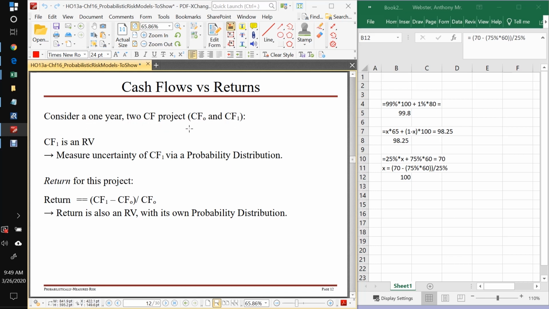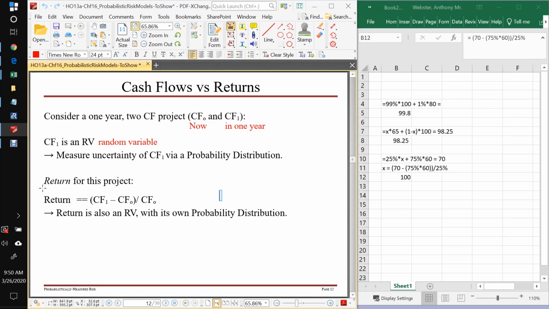Cash flow 0 is, as always, now, and this is going to be in 1 year. So cash flow 1 is clearly a random variable, and it's measuring the uncertainty of cash flow 1. We want to measure that uncertainty of cash flow 1 via a probability distribution.